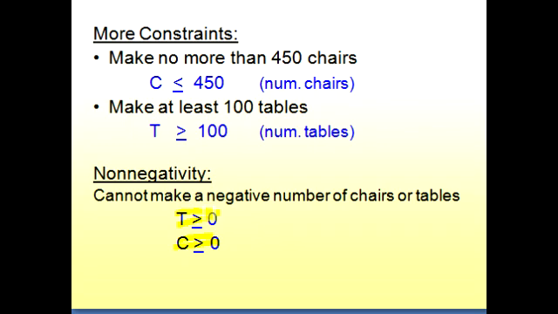Now, the other constraint was that you want to make sure that you make no more than 450 chairs and at least 100 tables. So notice the inequalities here. This is how you say those things mathematically. If you make no more than 450 chairs, that means c must be less than or equal to 450, and so forth.